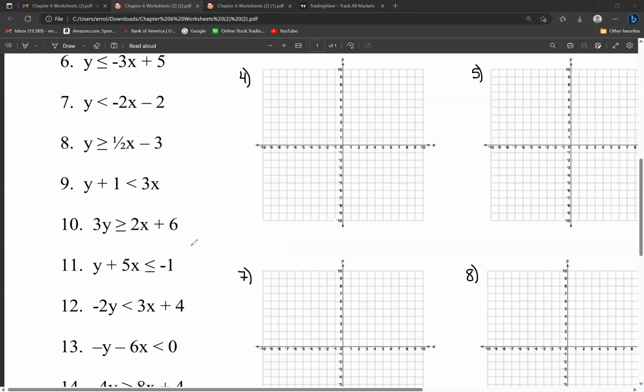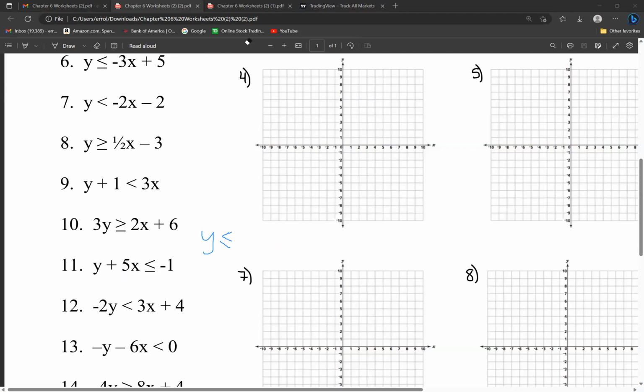You have to flip the equation. Okay. How can we flip the equation? Y is less than 3x minus 1. Less than or equal to what? Oh, sorry, I was reading number 9.